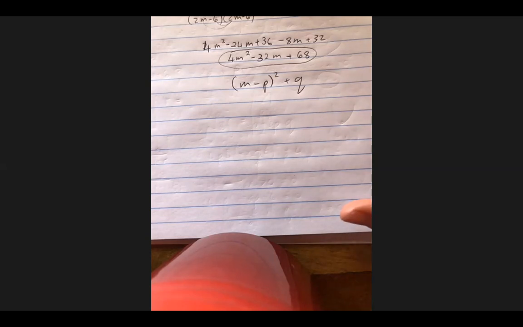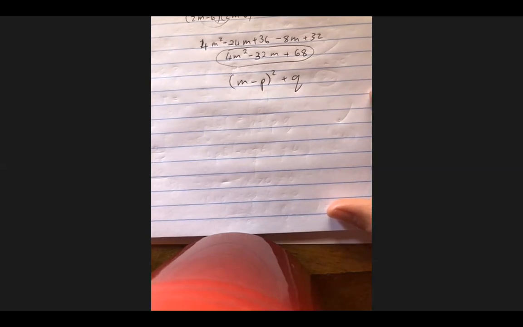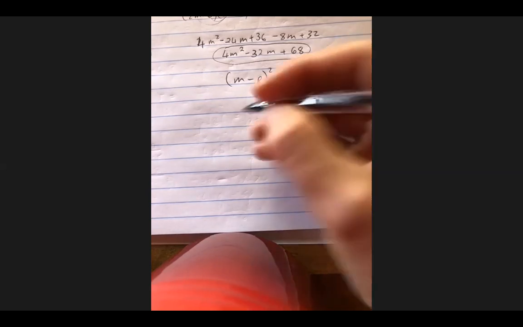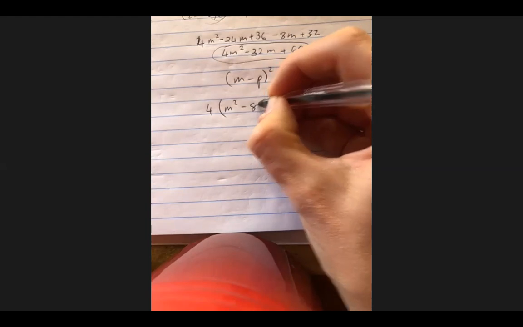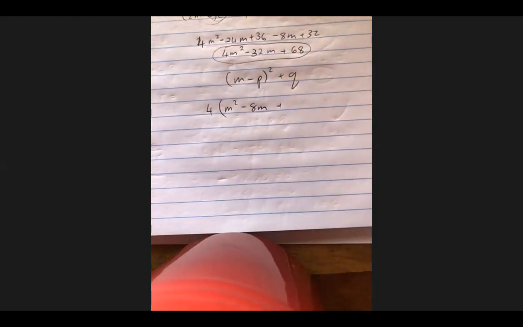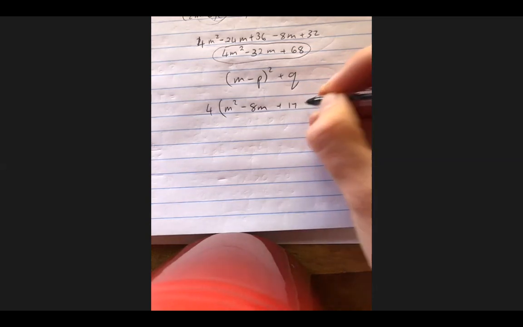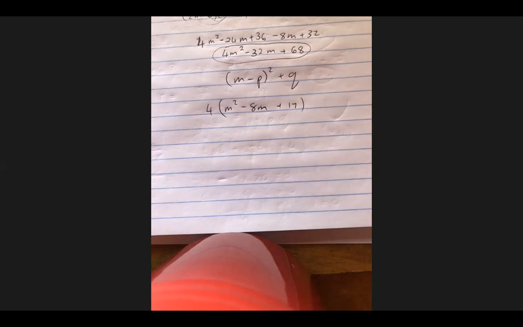Okay, so let me show you how to do completing the square. My first step will always be common factor. So you take out a common factor of 4, and you go m squared minus 8m plus, ooh, I need to know that, 68 divided by 4, 17. Okay, so the golden rule is common factor first.